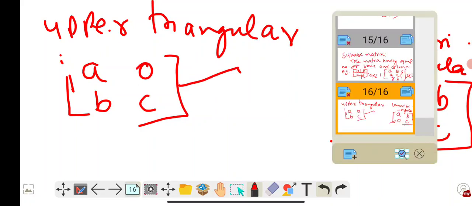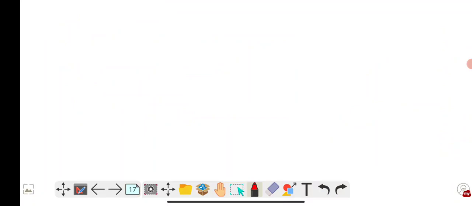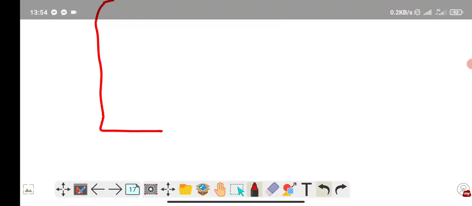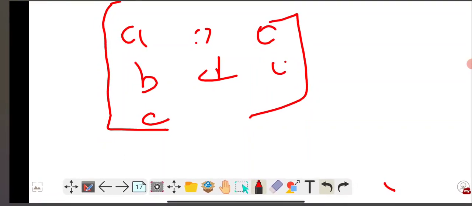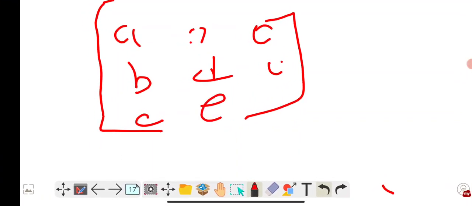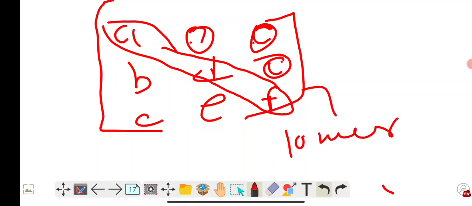Let's take a small example of this type of matrix. For more clarity, we have a 3 by 3 matrix: A 0 0, B C 0, D E F. All the elements above the diagonal elements are 0, so it is a lower triangular matrix.